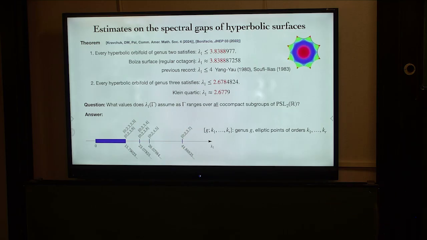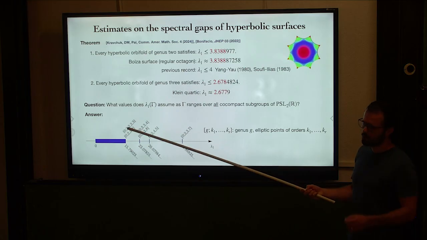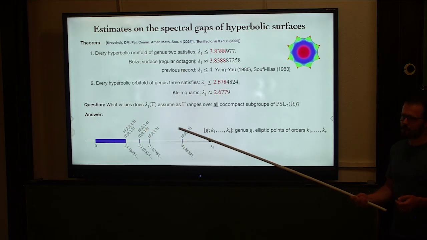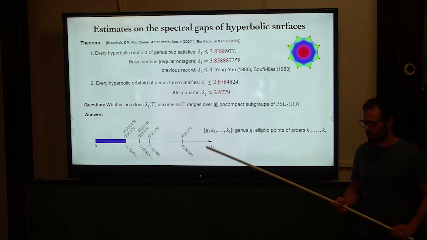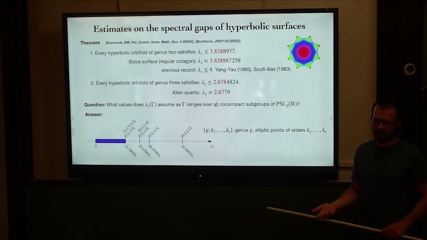I'm sorry, sir. What is an orbifold actually? Sorry, I guess I was talking about surfaces. Orbifold just means that gamma is allowed to have elements of finite order. In general, if you want it to be a hyperbolic surface, gamma should only have hyperbolic elements.